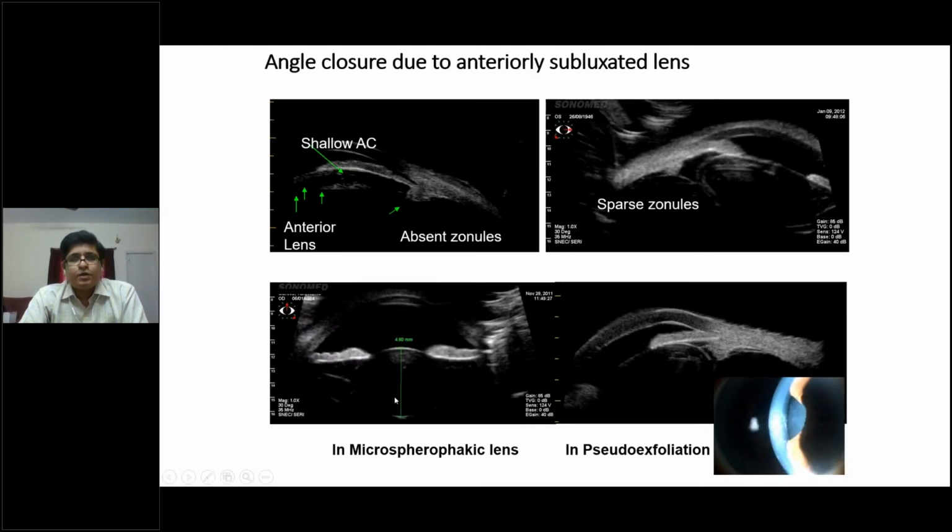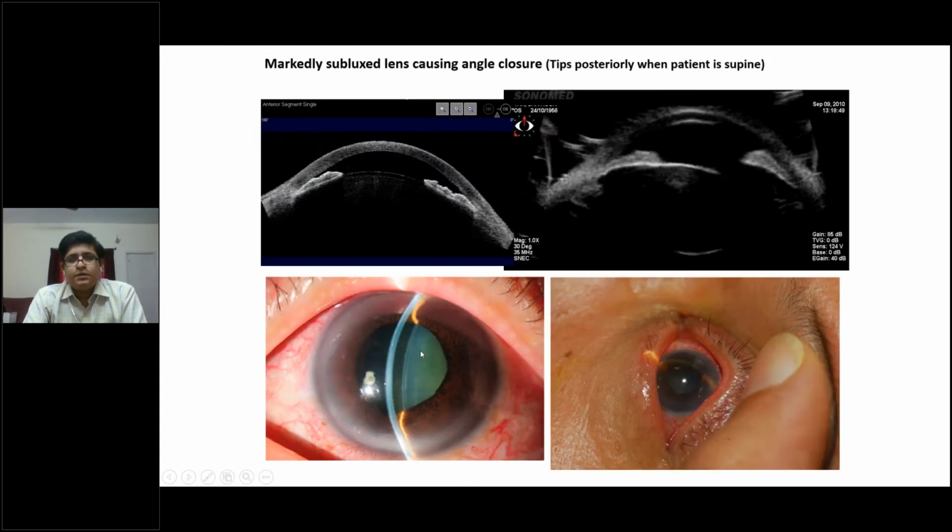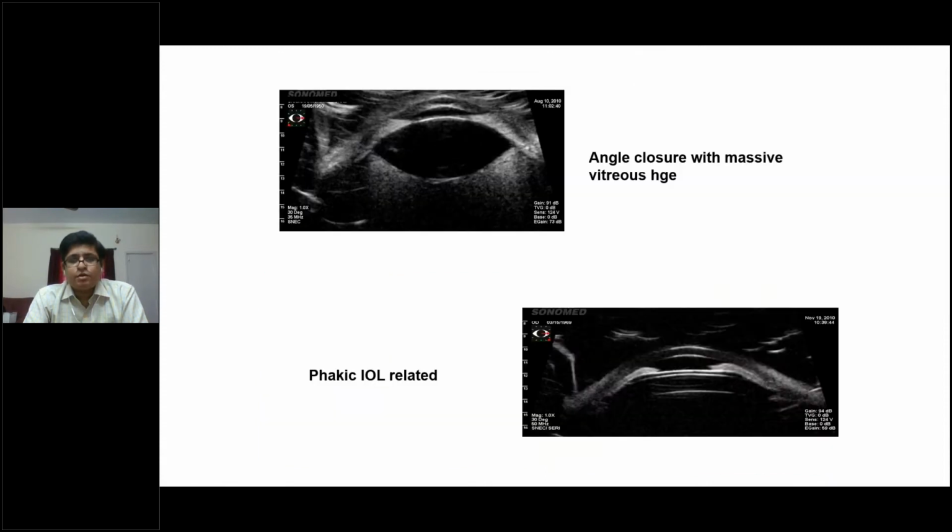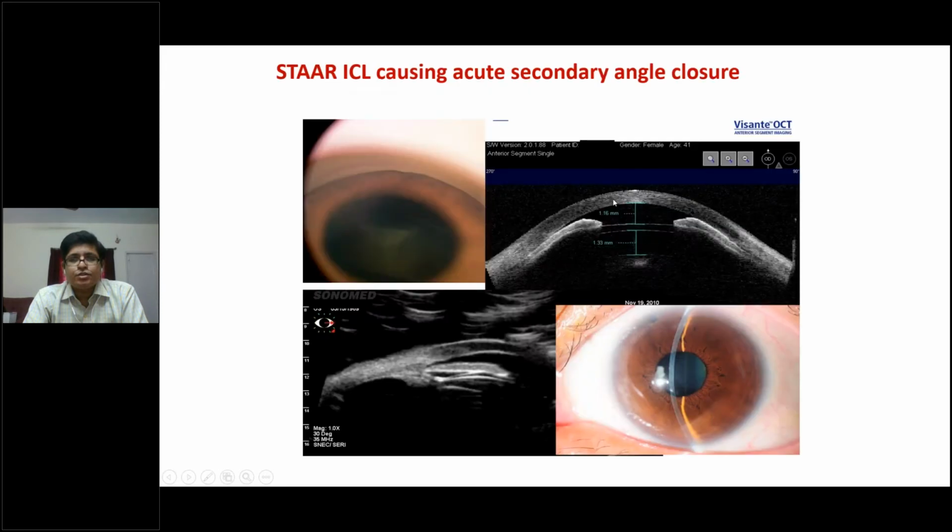And of course, one cannot forget about the microspherophakic lens and the clinical tests that can be done to make sure you're not getting into trouble if you're taking up cataract surgery. And of course, phakic IOL related and vitreous hemorrhage related angle closures are to be watched for.